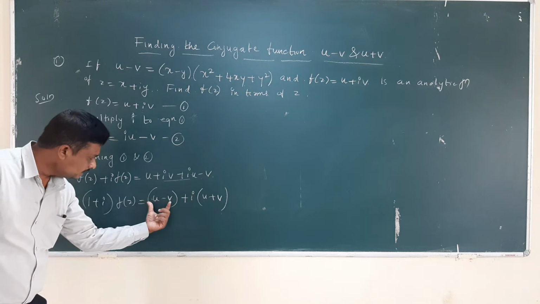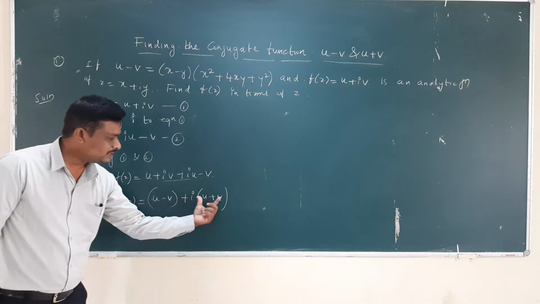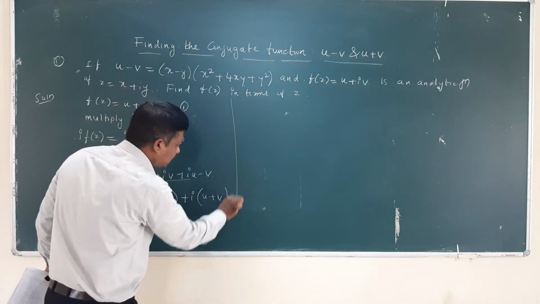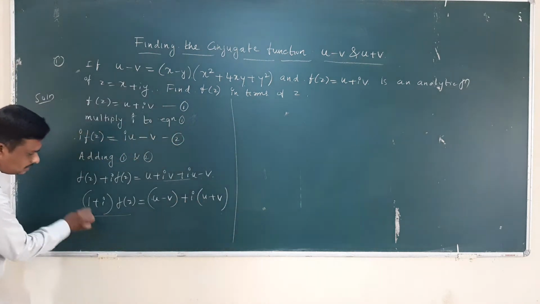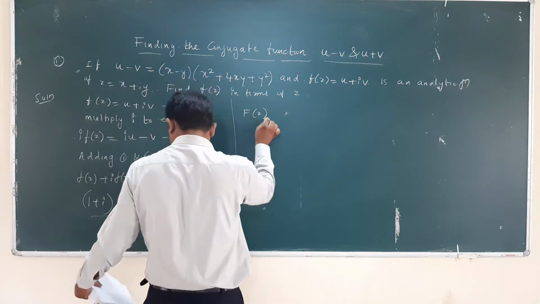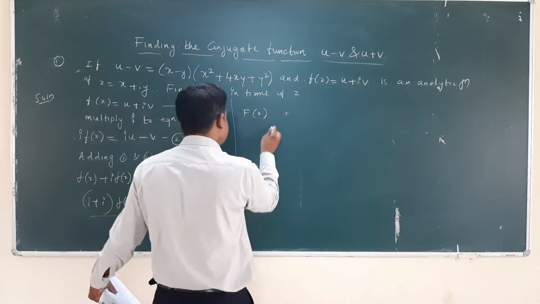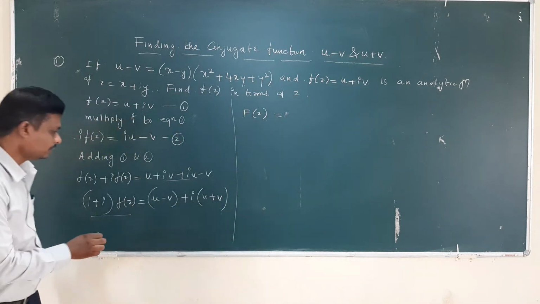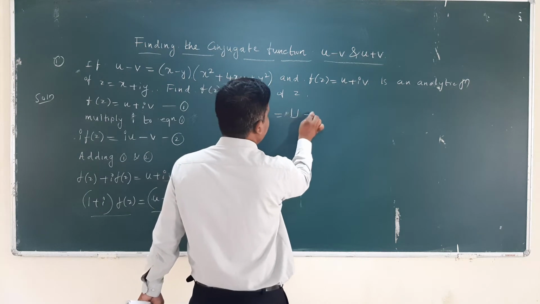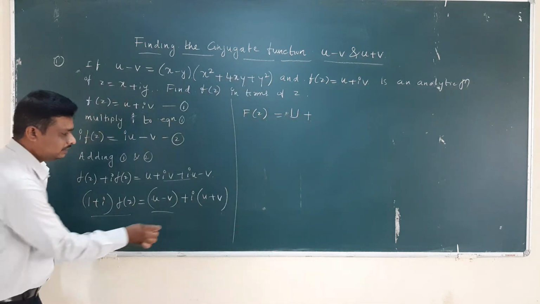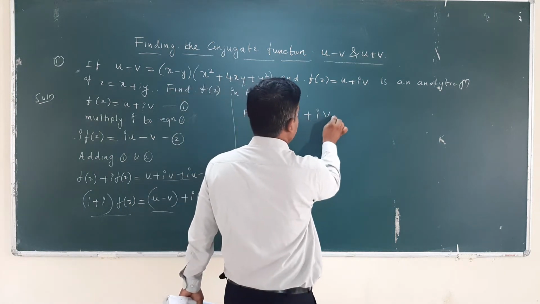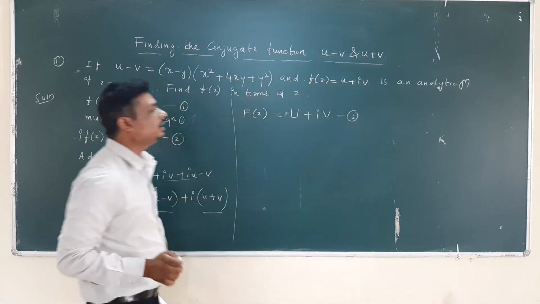So now we can see here, this is the real part and this one is the imaginary part. Here this u minus v is given, obviously we have to find u plus v. So for my convenience, I will take this one as capital F of z is equal to, so I will take this one as capital U, that is the real part, and this is the imaginary part, that is capital V. So I will take this one as equation number 1.